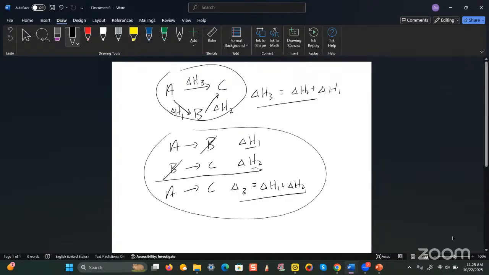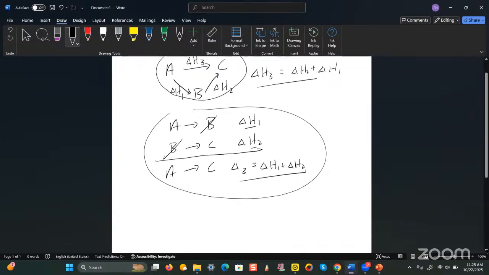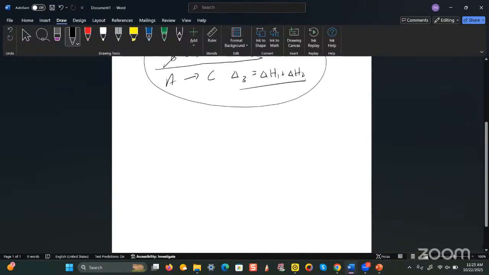Now, applying this directly to the example that we just showed you, we can go from carbon to carbon dioxide directly. Of course, you have to add oxygen in there. Or you can go from carbon to carbon monoxide. So I'm just going to call this delta H3, even though the values were given.